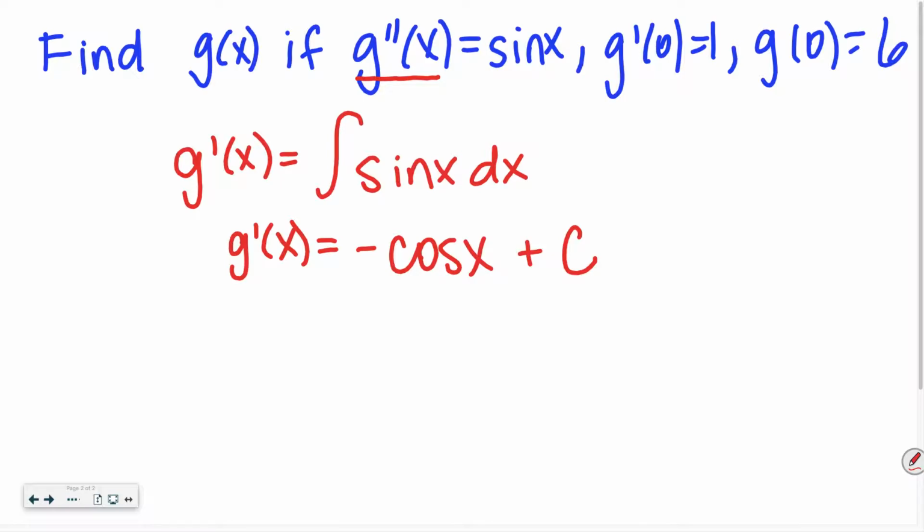Okay. Remember, we can check ourselves. What's the derivative of negative cosine of x? Positive sine of x. Okay, if we take the derivative, we get back to what's inside that integral. All right, well, we know that g prime of x is negative cosine of x plus c, so I'm going to come back up here. We know that g prime of 0 is 1. So if we were to plug 0 in for x, then our output would be 1.